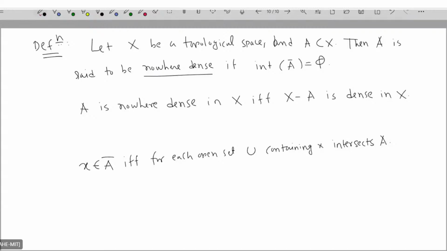Now think about that. Let's say we have a subset E which is dense in X. That means whatever open set you choose from X, it is going to intersect E. Why? Let U be a non-empty open set.